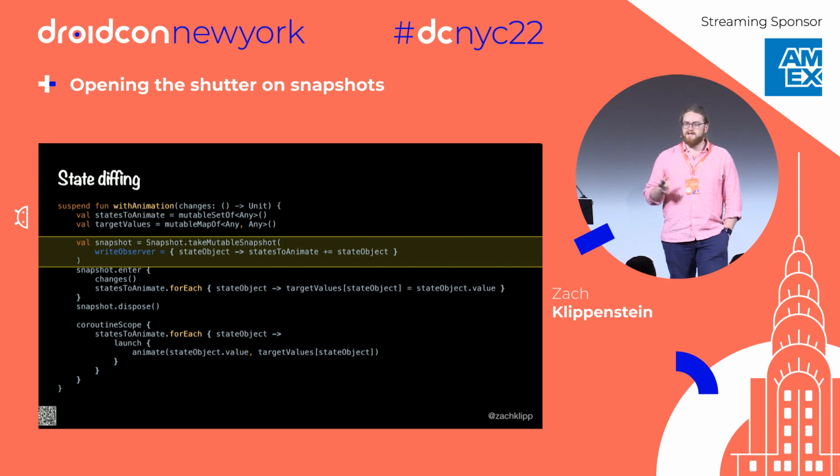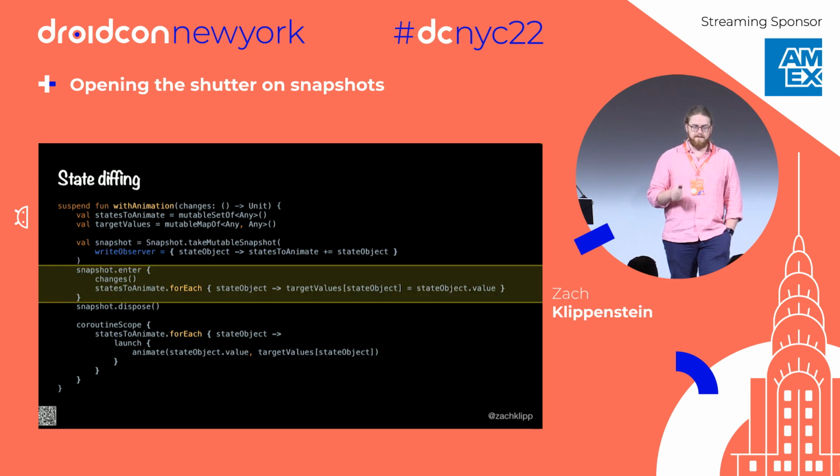Those are just functions which will get called whenever you read from or write to a state object. So here we're going to pass a write observer that's just going to remember every object that gets written to in this set. Then we're going to enter the snapshot and run the function.